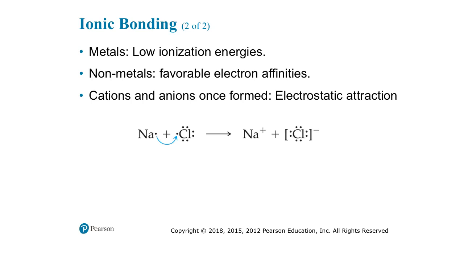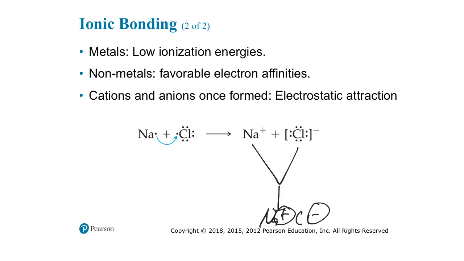So ionic bonding occurs with metals that have low ionization energies and nonmetals which have favorable electron affinities. So cations form with the least amount of energy required, and then anions form with the most amount of energy returned. And then once these ions form, you then get the solidifying and the electrostatic attraction of those ions together.